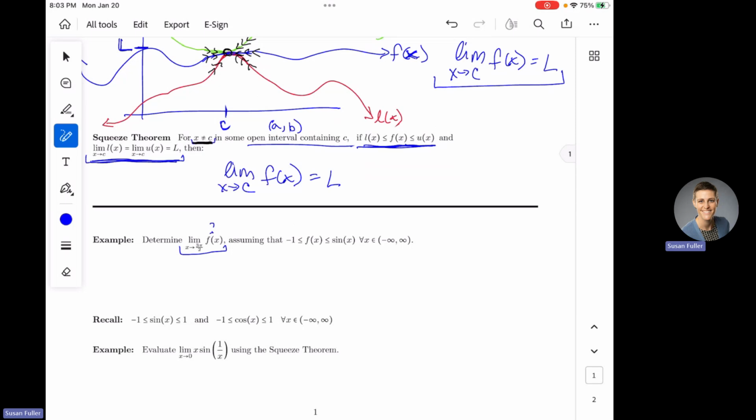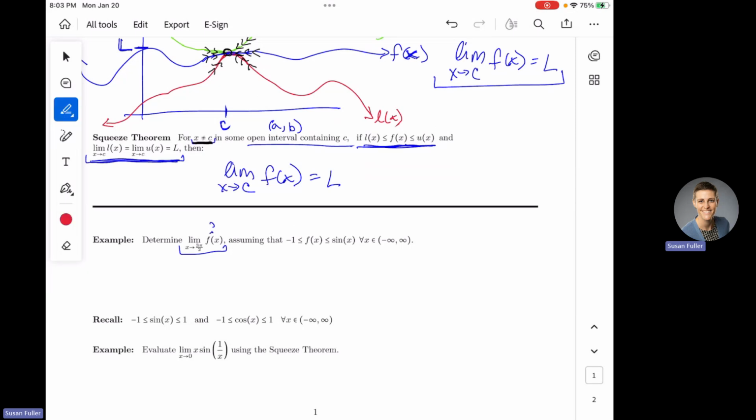Now, I'm also told here, assuming that -1 is less than or equal to my function f of x, and f of x is less than or equal to sine of x, and that's for all x values from -infinity to infinity. So -1 is always less than f of x no matter what x is. f of x is always less than or equal to sine of x no matter what x is.